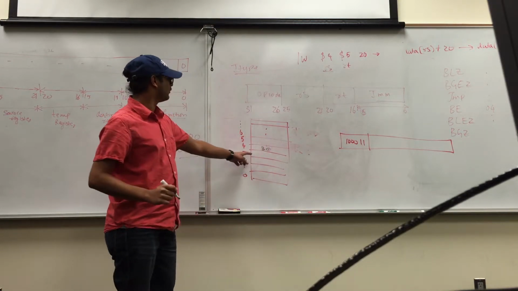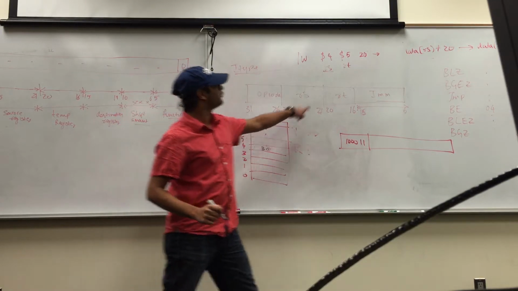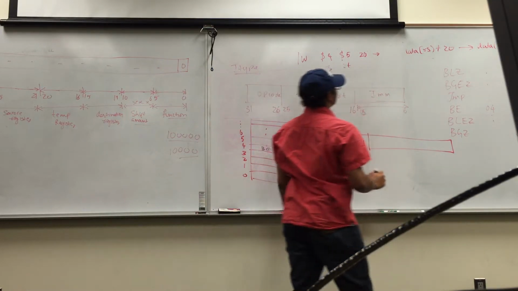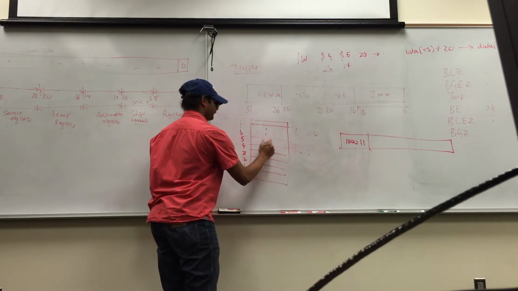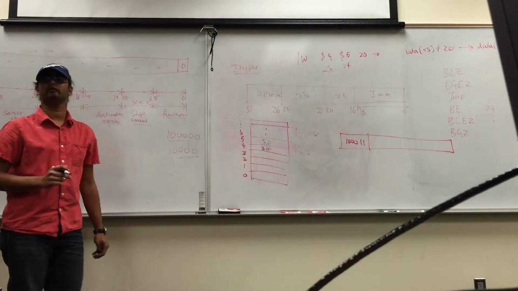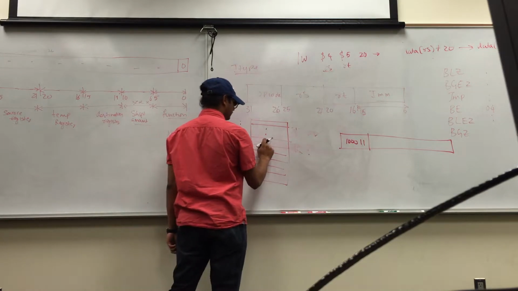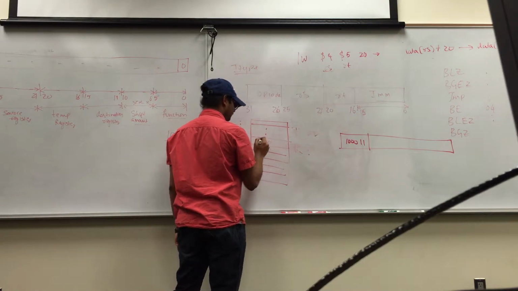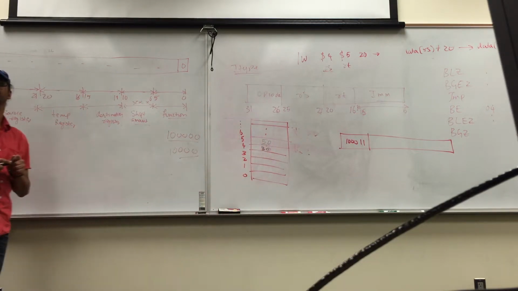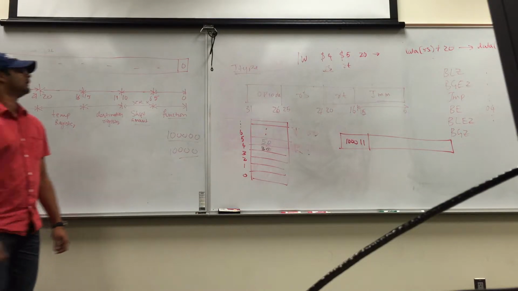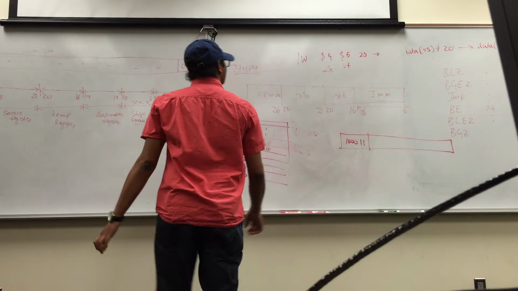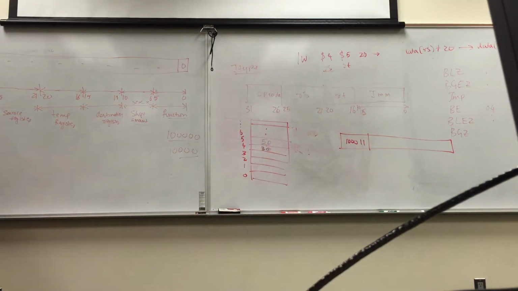So what happens is 30 is added to 20, and the answer, which is 50, is stored here. Okay, does it make sense? Cool. So now we have done that.